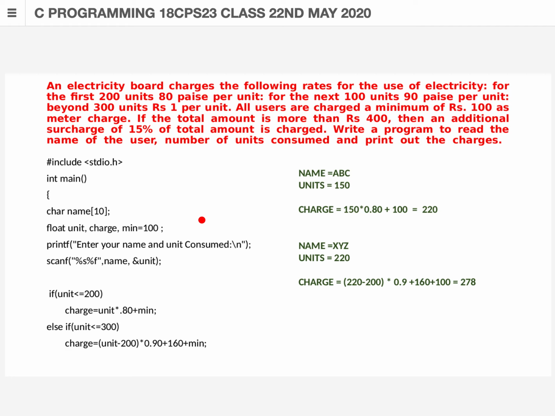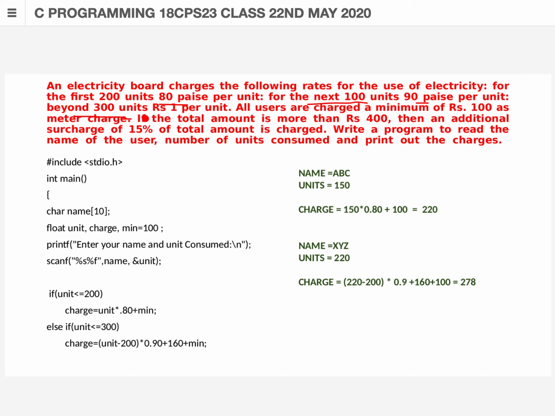Electricity board charges. Here the question states that the electricity board charges the following rates for the use of electricity: for the first 200 units at the rate of 80 paise per unit, and for the next 100 units at the unit rate of 90 paise per unit.